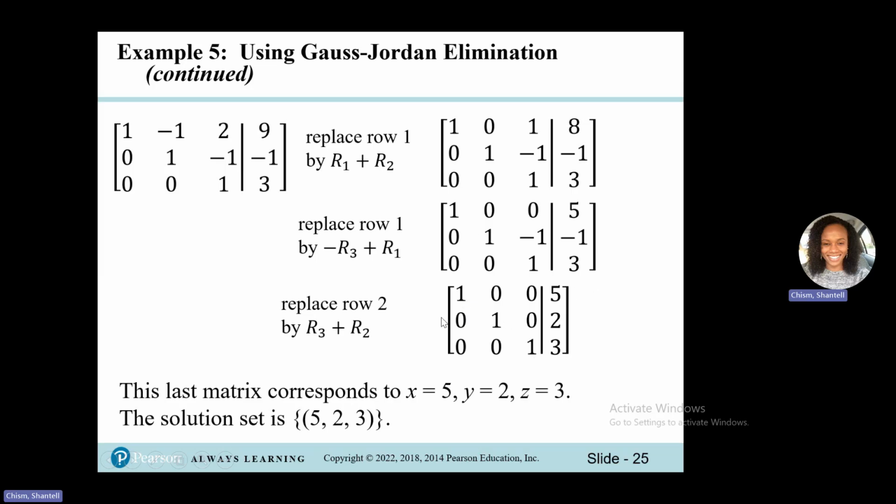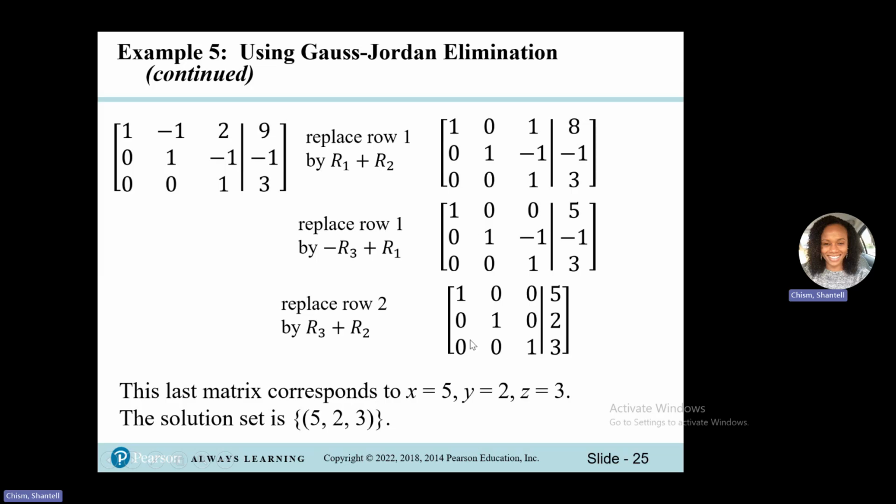The second equation, the second row, you got 0x, 1y, 0z, and then equals 2. So you end up with just 1y equals 2, or simply y equals 2. And then the third equation, you got 0x, 0y, you got 1z equals 3, or simply z equals 3.